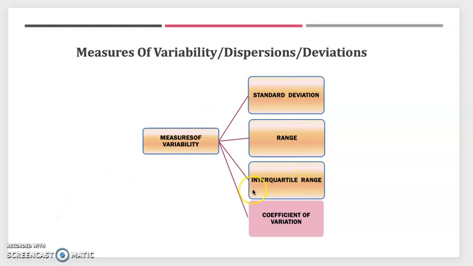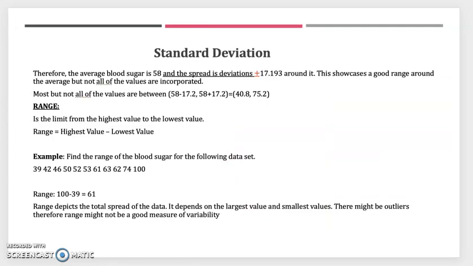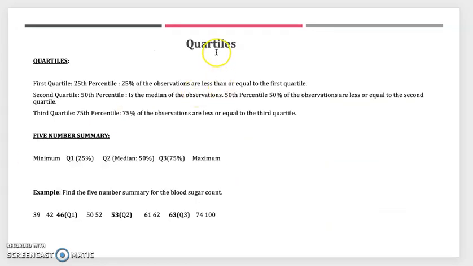So the next one, let's talk about the interquartile range. Before we talk about interquartile range, we need to talk about the quartiles. What is a quartile? We have all the data and we divide it into 4.